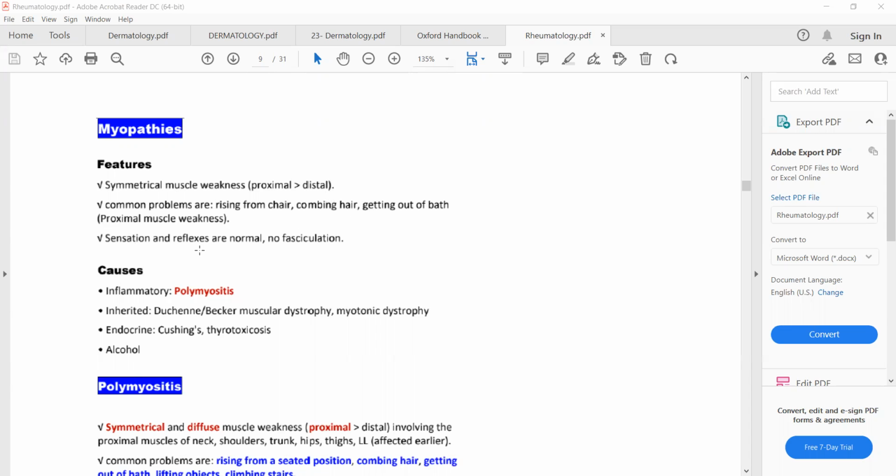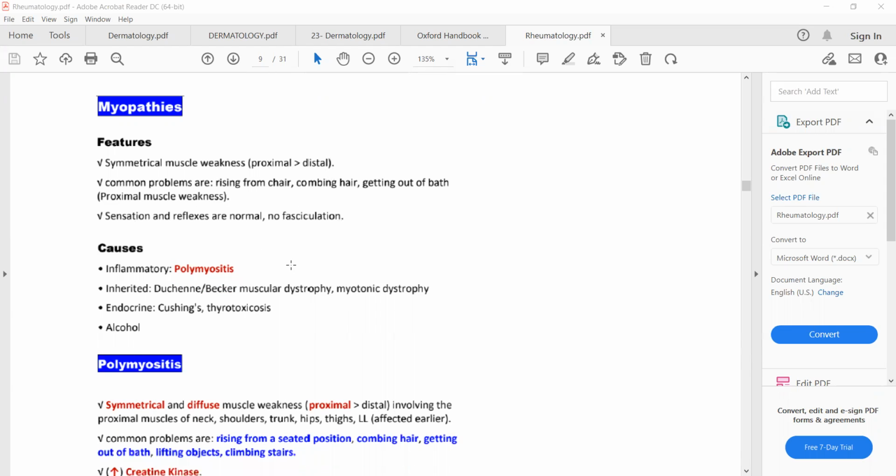Usually in myopathy, sensation and reflexes are normal and there are no fasciculations, because myopathies are basically due to problems in the skeletal muscles.